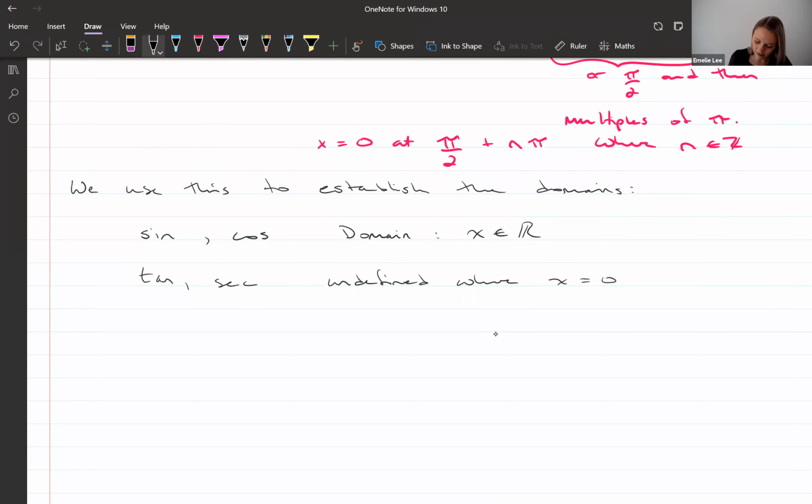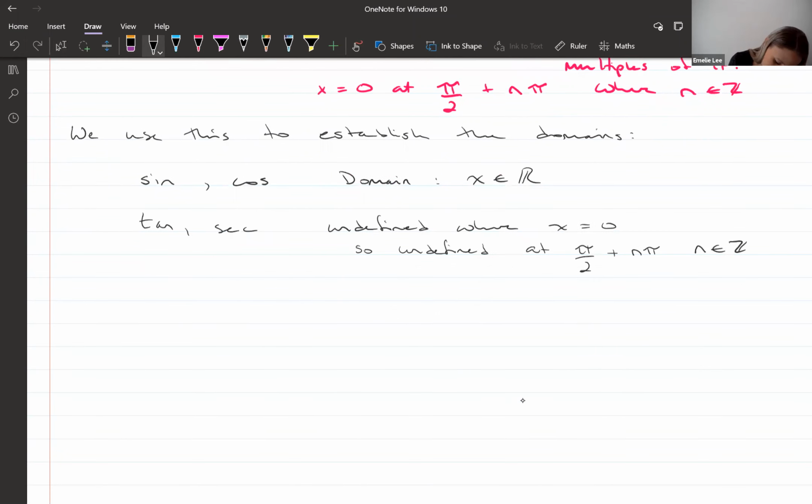So I guess I can't really replicate easily how I wrote it before. So undefined at pi over 2 plus n pi, where n is in the set of integers. So that's where x is 0.